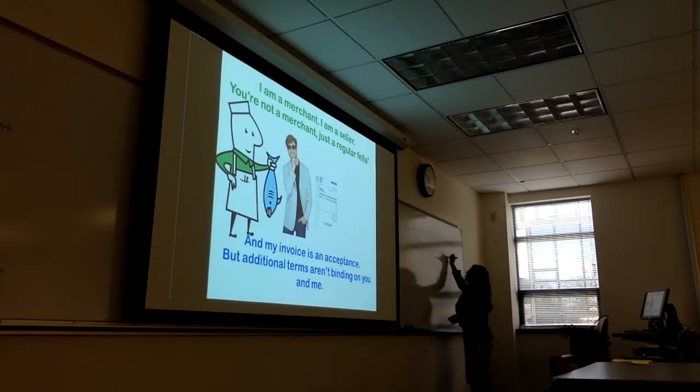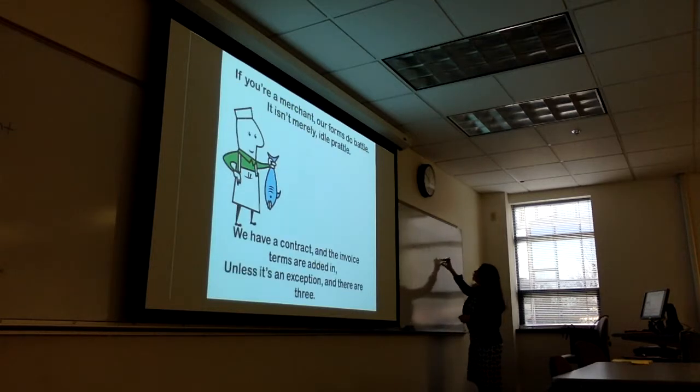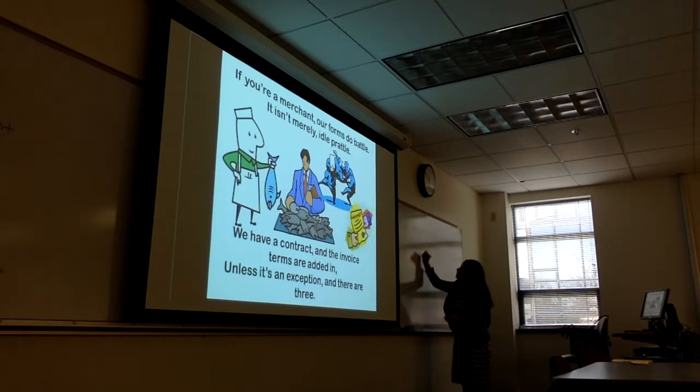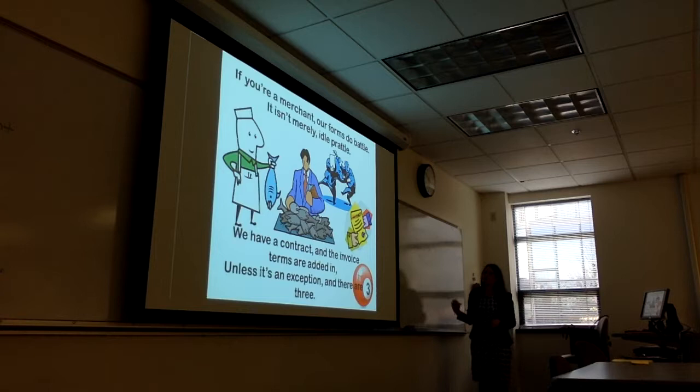And my invoice is an acceptance, but additional terms aren't binding on you and me. If you're a merchant, our forms do battle. It isn't merely idle prattle. We have a contract, and the invoice terms are added in, unless it's an exception, and there are three.